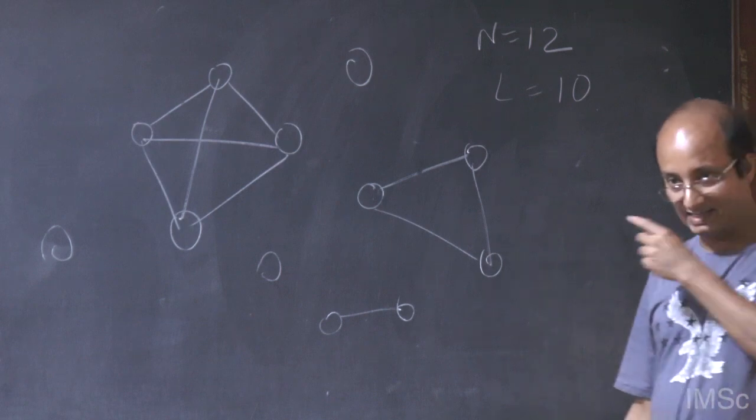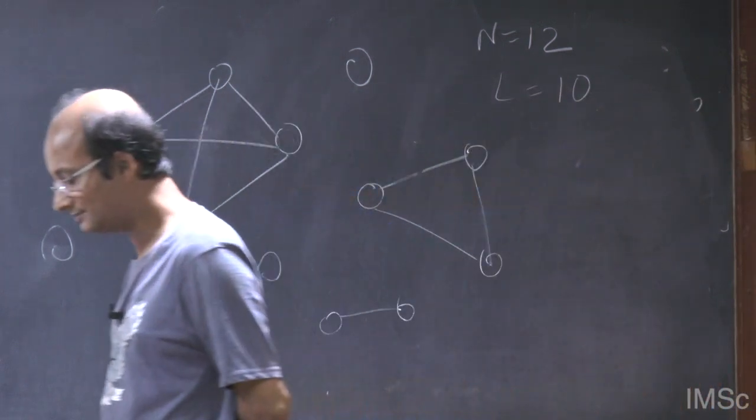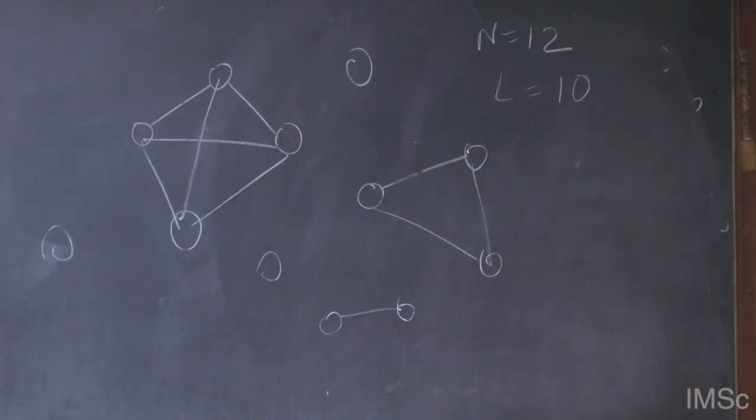But as the numbers themselves will tell you, obviously there would be a few nodes which are disconnected. Actually, if I just tell you there are 12 nodes and let's say there are 10 edges, would you be able to immediately say that there would be disconnected components?